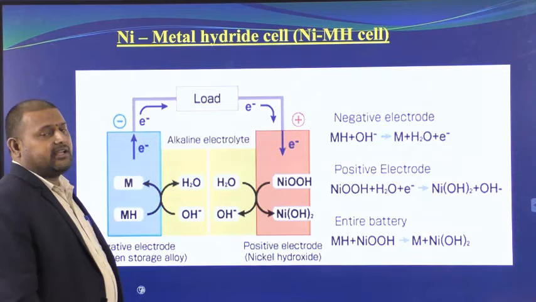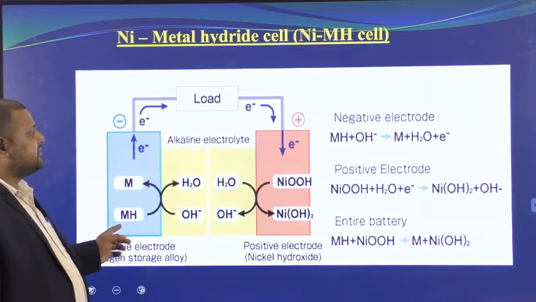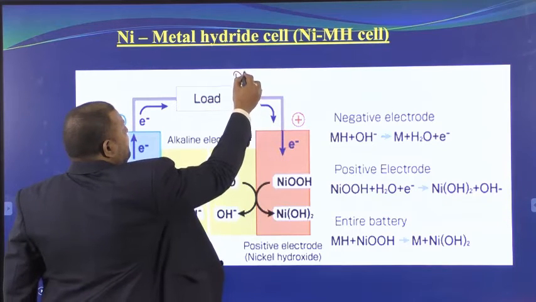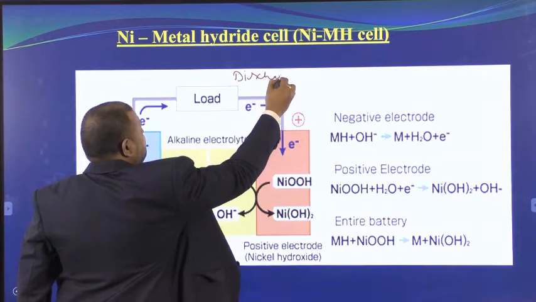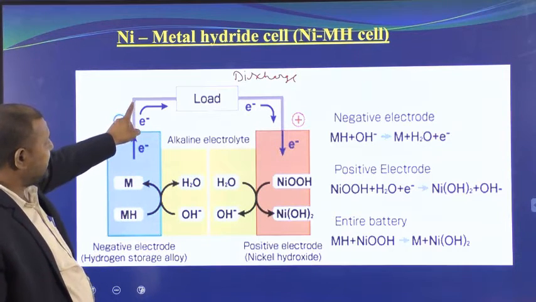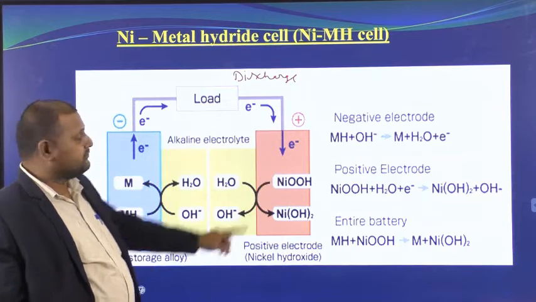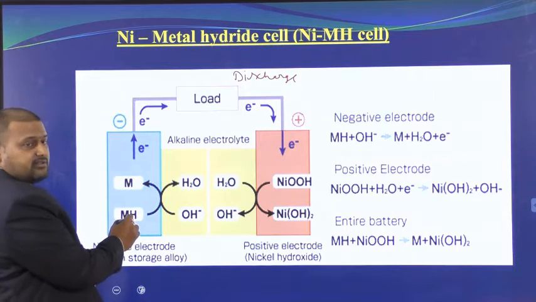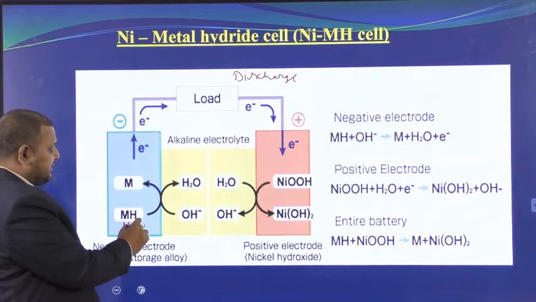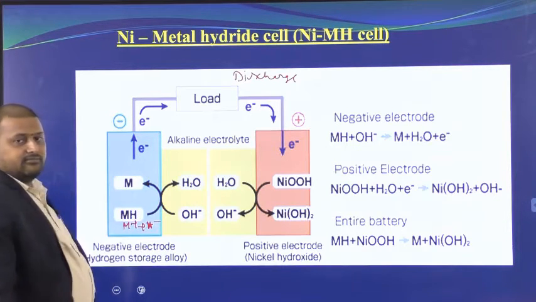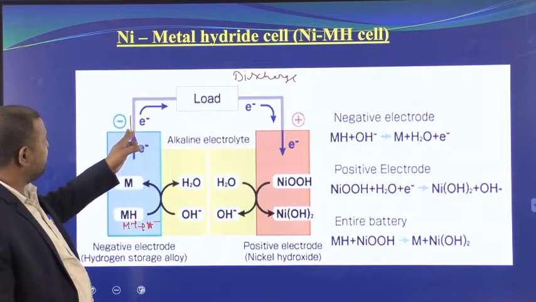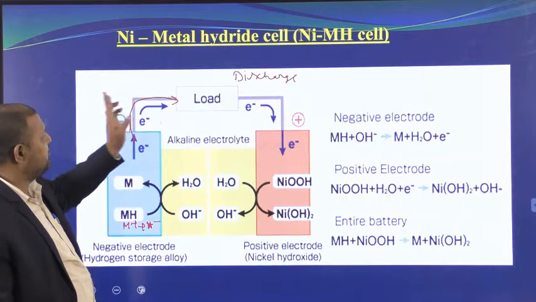So here, what are the electrode reactions taking place? I told you, right? This is the discharge reaction. Remember, this is the discharge reaction. So electrons start moving from the metal hydride to nickel. So MH gives rise to M plus H plus. Here the electron is taken by this wire and goes to the load.